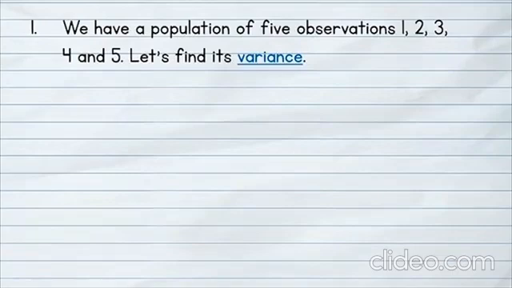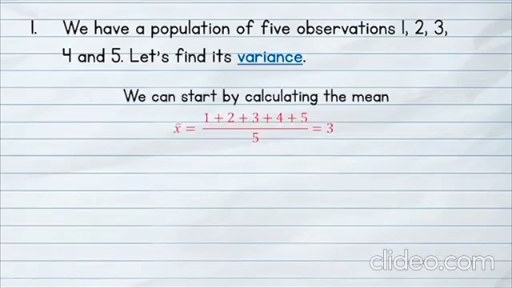For example, we have a population of 5 observations: 1, 2, 3, 4, and 5. Let's find its variance. The first step, we start by calculating the mean. 1 plus 2 plus 3 plus 4 plus 5 divided by the total number of observations, which is 5.